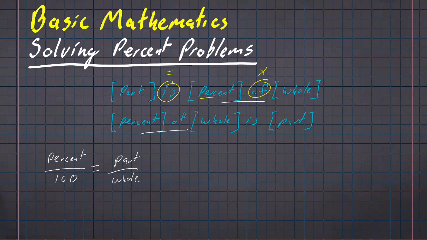The trick here is that the percent has to be converted to a decimal value. And you get the equation either part equals percent times whole or percent times whole equals part.